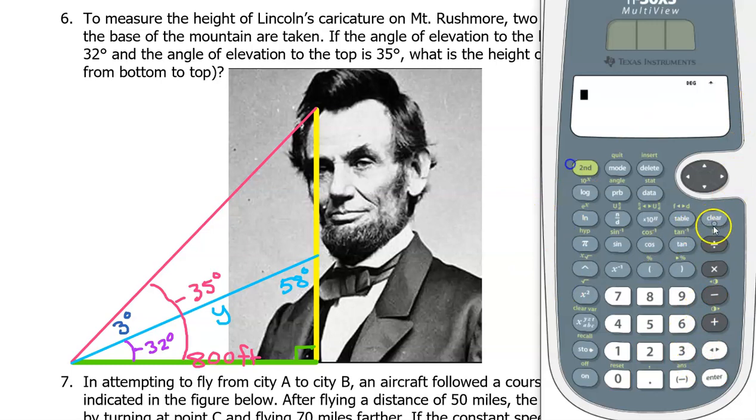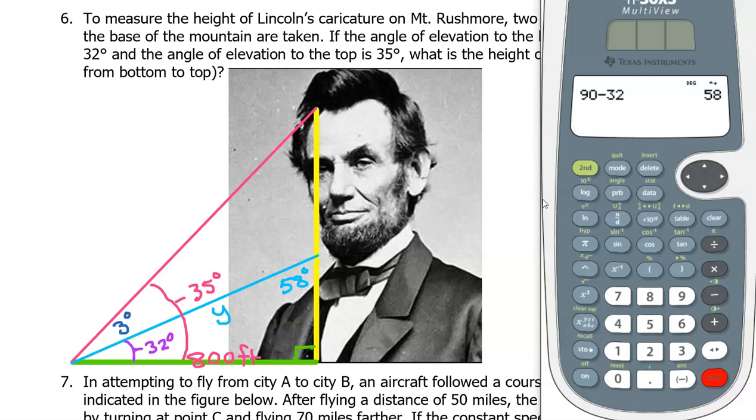Or I could use a very small shortcut: if I already know that one angle is 90 degrees, the other two angles have to add up to 90 degrees. So I really didn't need to do anything with 180. I could have simply done 90 minus 32, and that's going to be 58 degrees. So this angle in the corner right here is 58 degrees.